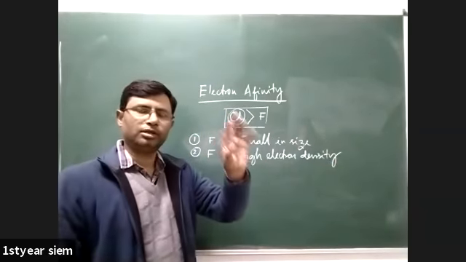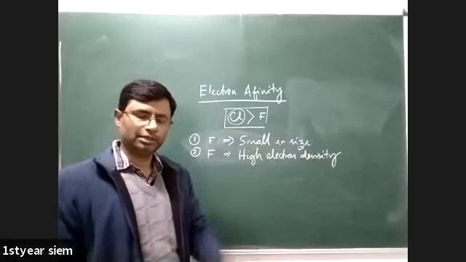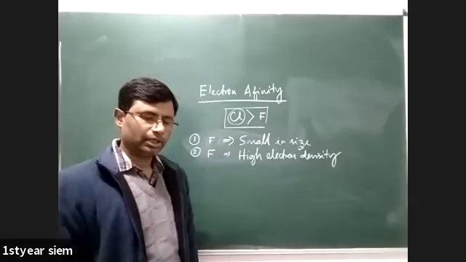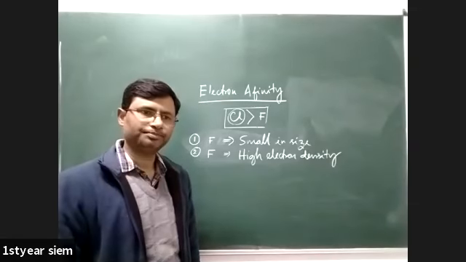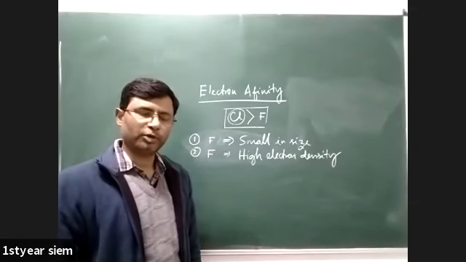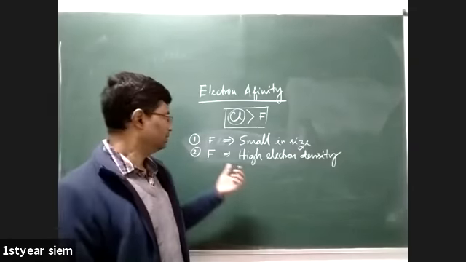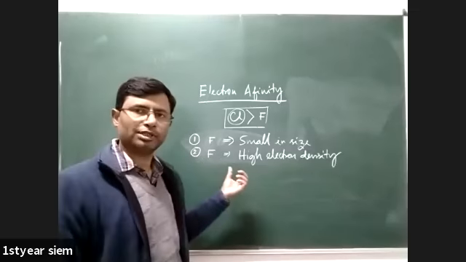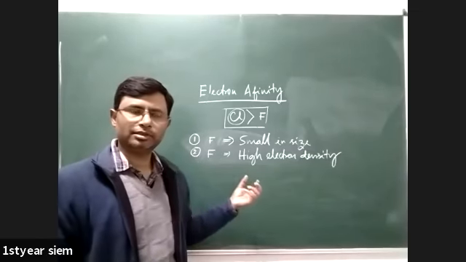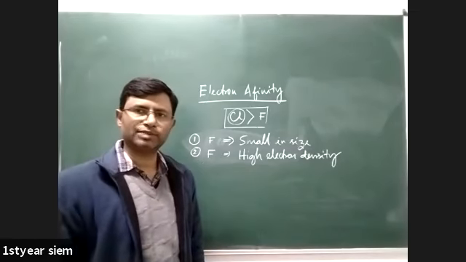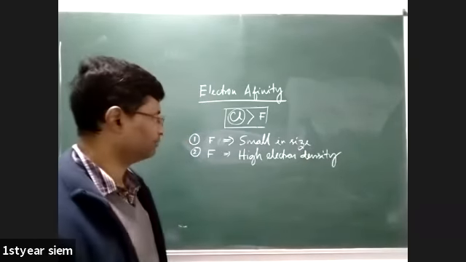Size is small, and electron density is the number of electrons by the volume of the atom. So fluorine is very small, that is why its volume is very small and its electron density is very high.